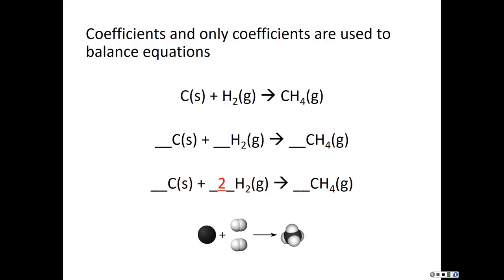I'm going to put a 2 here first, which is going to make my oxygen be even, is why I'm doing that. That's going to change the amount of hydrogen to 4 hydrogens. And I've got 2 oxygens here and 2 oxygens here to give me 4 oxygens.